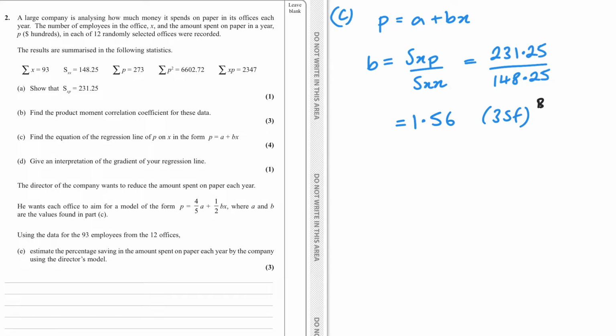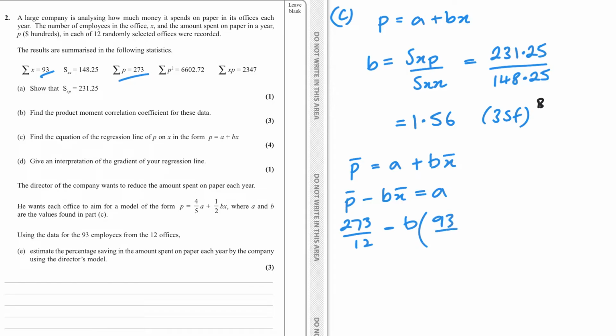Now we need to find A, so that is the mean of P equals A plus B times the mean of X, or the mean of P minus B times the mean of X, and that is my value of A. Now the mean of P is going to be 273 divided by 12 minus, and then we've got B, which we already know, and my mean of X is going to be the 93 over 12.